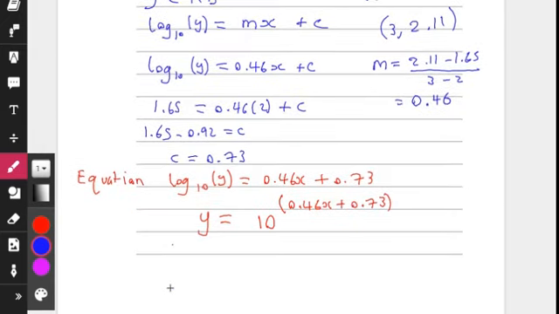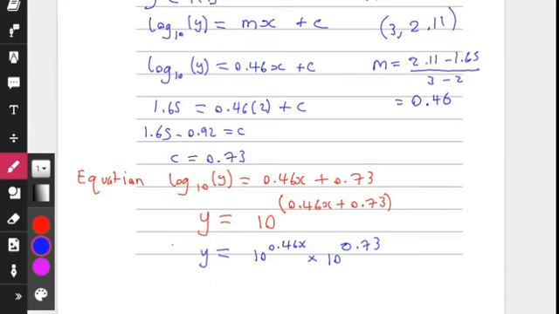Then, from that point, we have y equals 10 to the power of 0.46x multiplied by 10 to the power of 0.73, just using the index laws, but backwards.